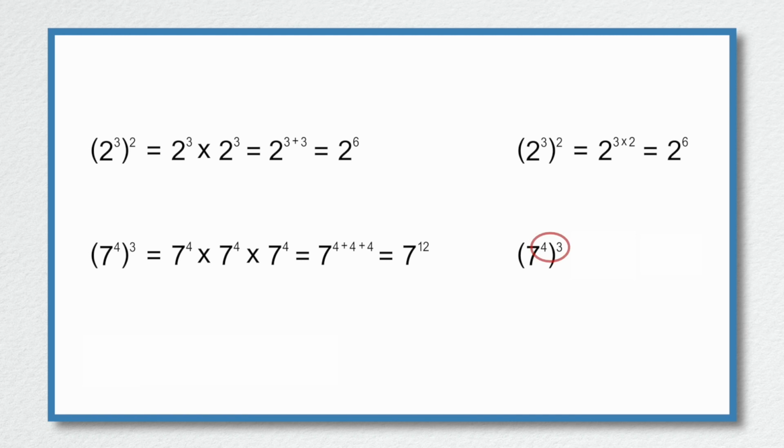If we multiply the 4 by the 3, so 7 to the power of 4 multiplied by 3, we end up with 7 to the power of 12. So if I had 9 to the power of 7 all to the power of 4, this will be 9 to the power of 7 multiplied by 4, which is equal to 9 to the power of 28.